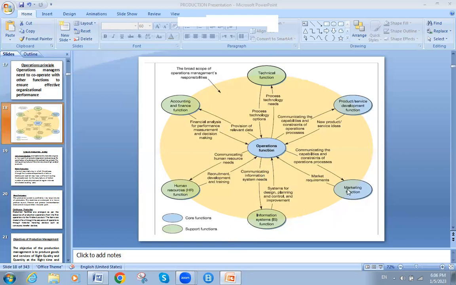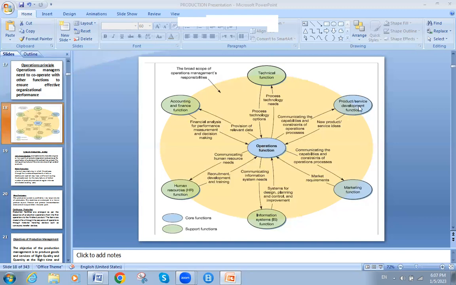The marketing functions, of course, because from the market, we will know what the consumer wants in the product. Then this will be directed into the production management department to produce what the consumer wants. I know from the marketing what the consumer wants.